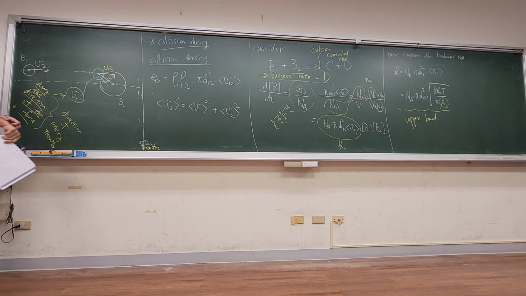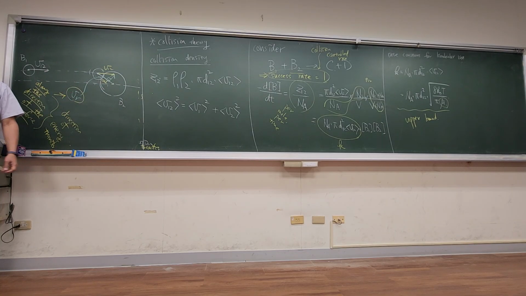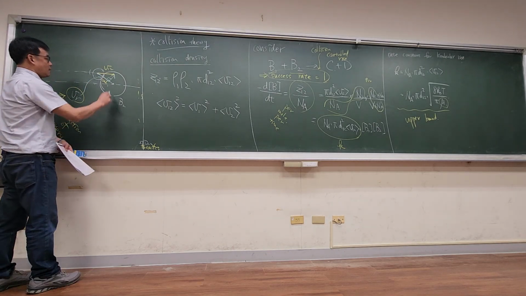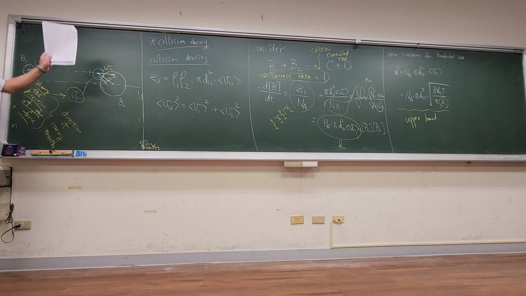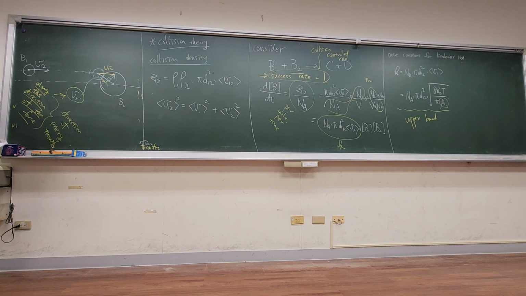What I'm saying here is, this is the portion of the kinetic energy that can be transferred between these two molecules. The kinetic energy along the direction perpendicular to the center line cannot be used in chemical reaction, basically.